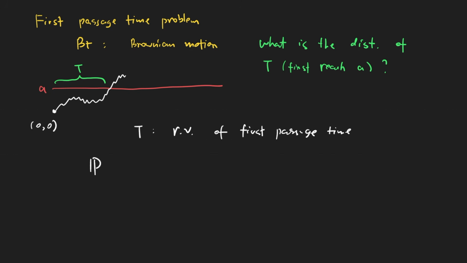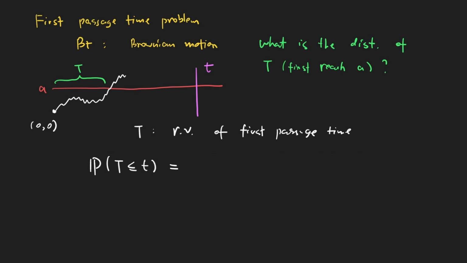That is given by the probability of capital T smaller or equal to small t. What this means is that suppose our small t is somewhere in here, then this CDF is saying, what is the probability of the path passing through the threshold A before the time small t.